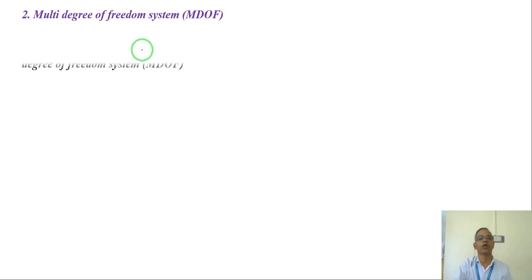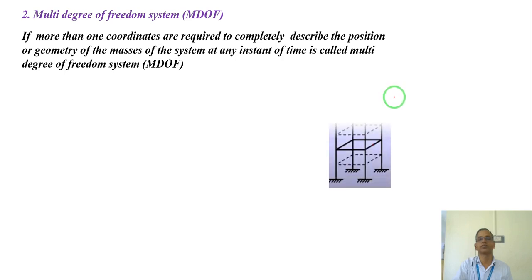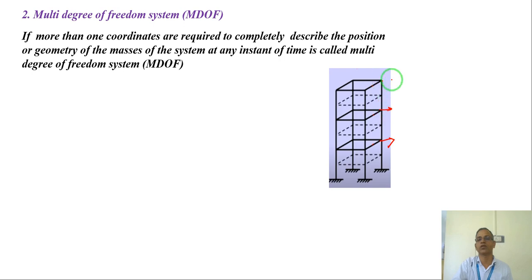Now, how to model a multi-degree of freedom system? First of all, the definition: if more than one coordinate is required to completely describe the position and geometry of the masses of the system. That means here, as I told you, the 3 stories. We need one coordinate here, a second coordinate here, a third coordinate here.